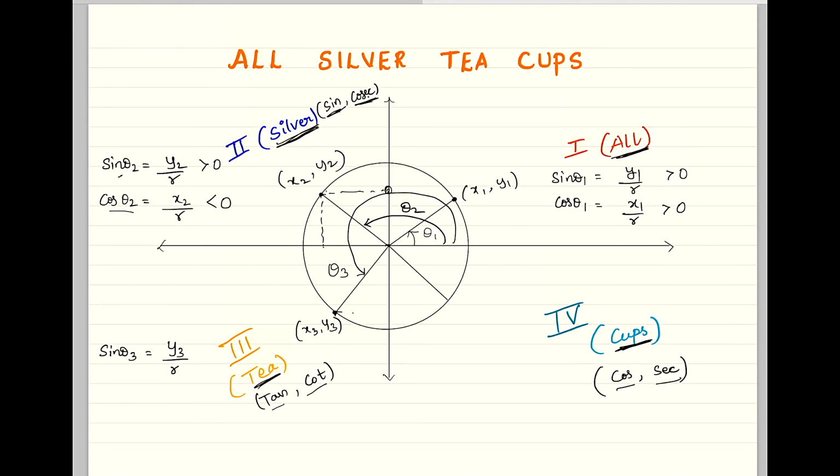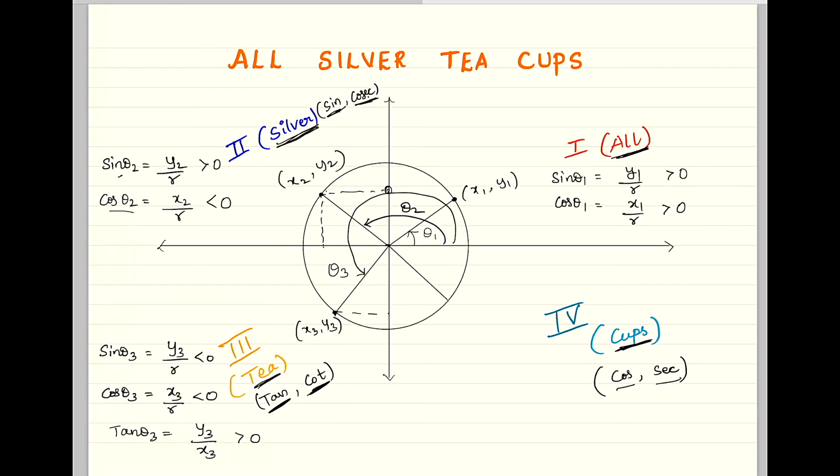Now the y coordinate is negative, radius is positive, so sin theta 3 is negative. Similarly, what can you say about cos theta 3? Cos theta 3 is x3 by r, that is also negative. What can you say about tan theta 3? Tan theta 3 is y3 by x3. y3 negative, x3 negative, so negative by negative is positive. So in the third quadrant only tan and cot are positive.